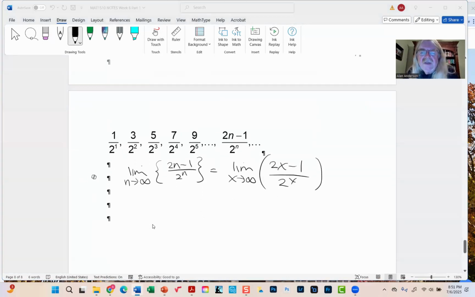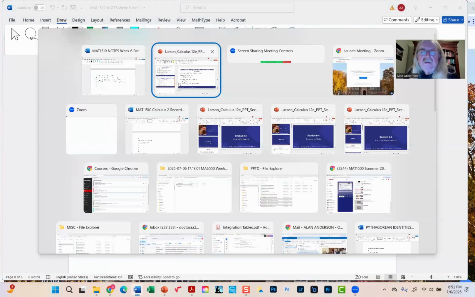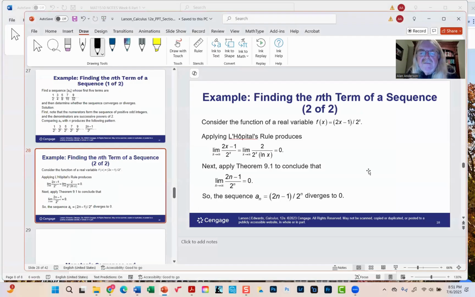Okay, now because this is kind of a messy function, they want us to use L'Hopital's rule.